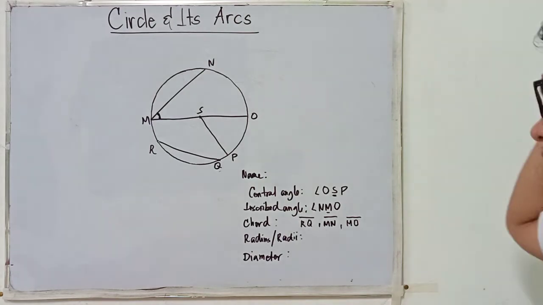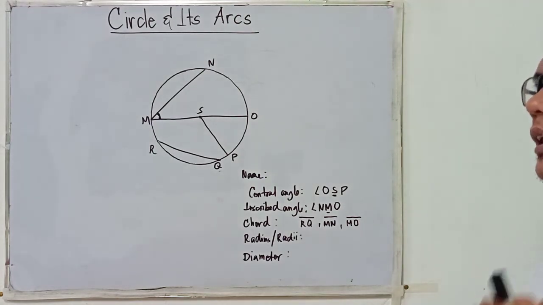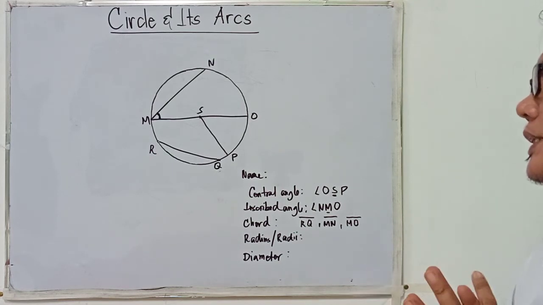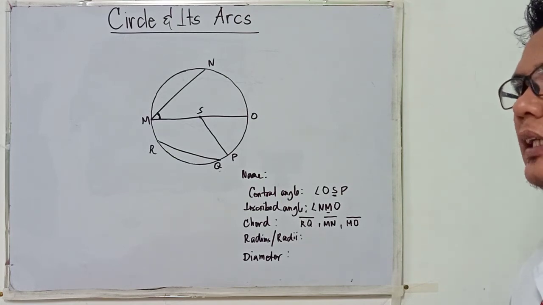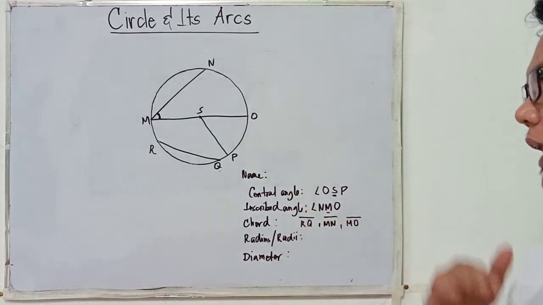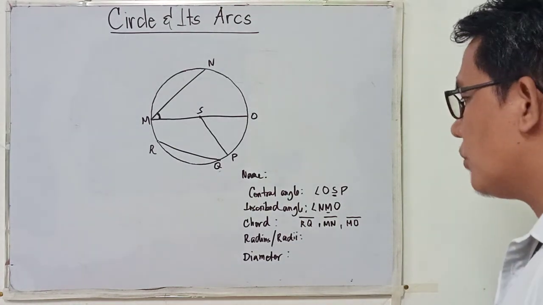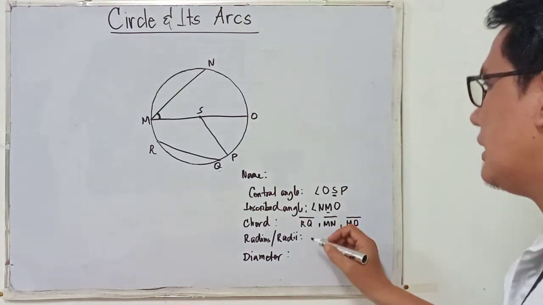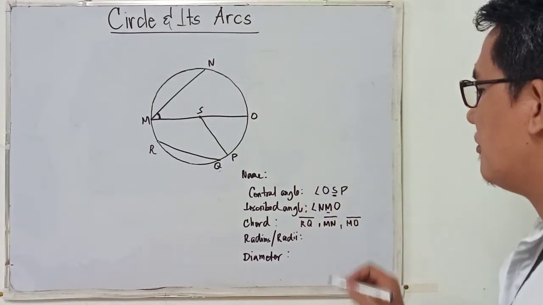Okay? So, radius. Our radius is a segment where one endpoint is at the center, and the other is located on our circumference. Therefore, how many radii can we have there? You can have 3.